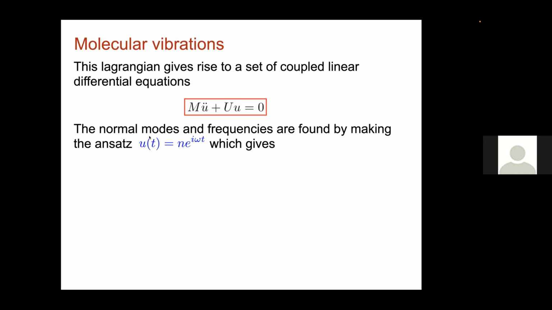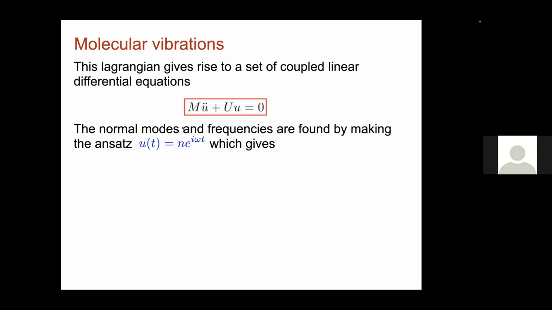You use this ansatz, U of t. You assume that all the atoms are vibrating in unison. They are vibrating with the same frequency. You use, of course, complex notation instead of cosine, which is inconvenient. You know that the real displacements are the real part of this, okay? And this is just a 15-dimensional vector, okay?